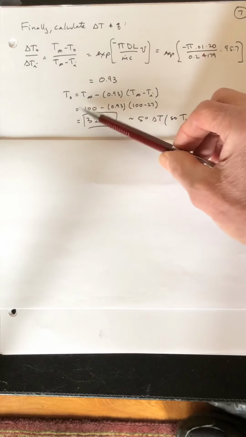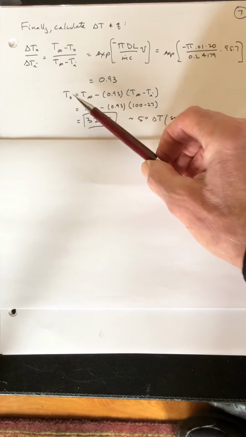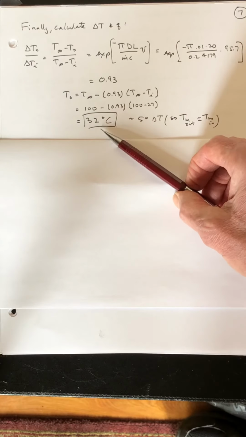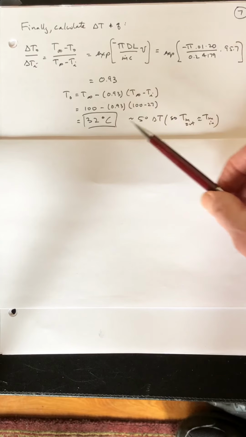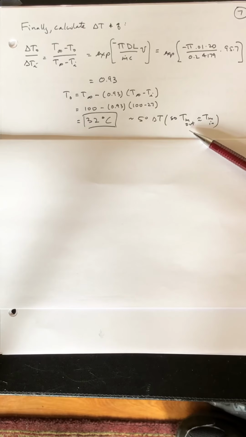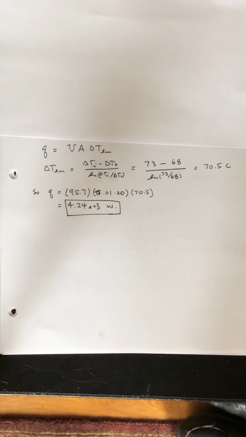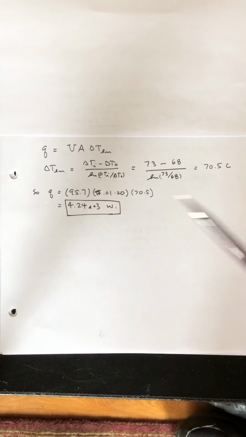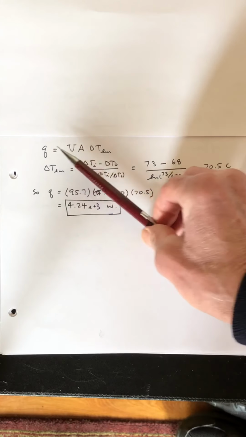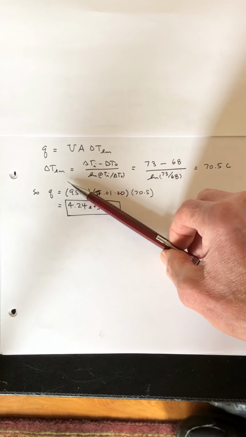We now solve for the temperature of the fluid leaving the pipe, and it turns out to be 32 C. That's only a 5-degree temperature change. So the assumption we made that the mean temperature really doesn't change much for properties is okay, not too sleazy.